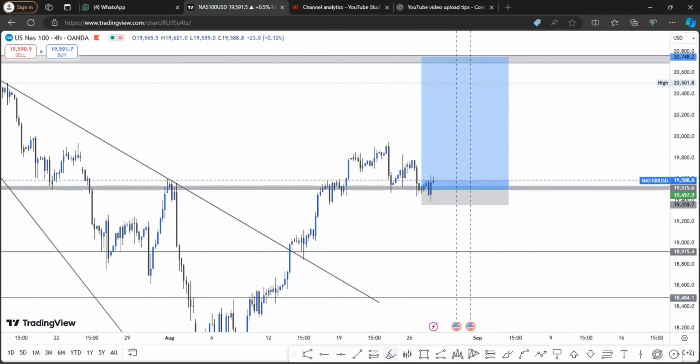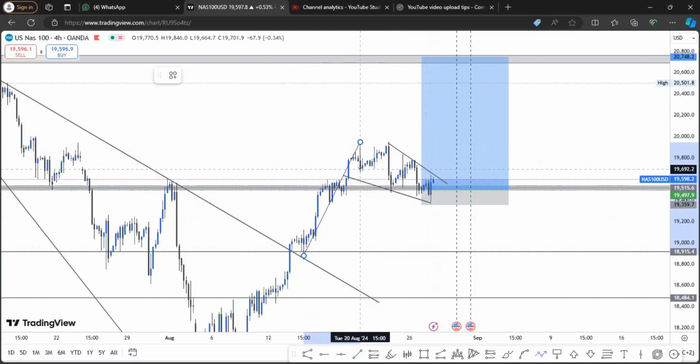And remember how the market moves, guys. The market moves with impulse and correction. Currently we are sitting on the correction. You can see here we had an impulsive move, then here's a correction, here's a correction.